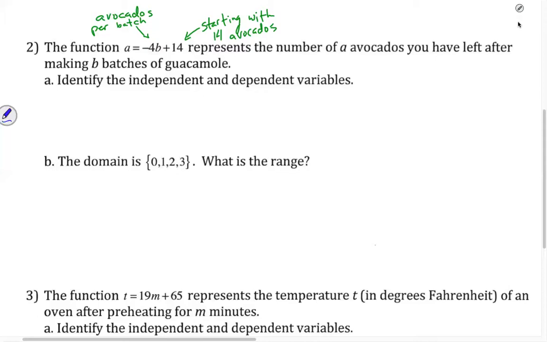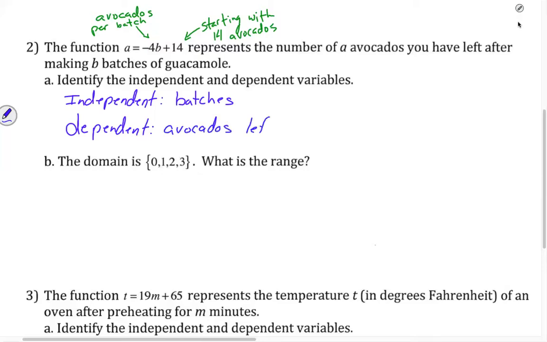So, the independent variable is batches, meaning the dependent variable, avocados left, is my dependent. Make sense? Because if I make 1 batch of avocado, it's going to affect how many avocados I have left.